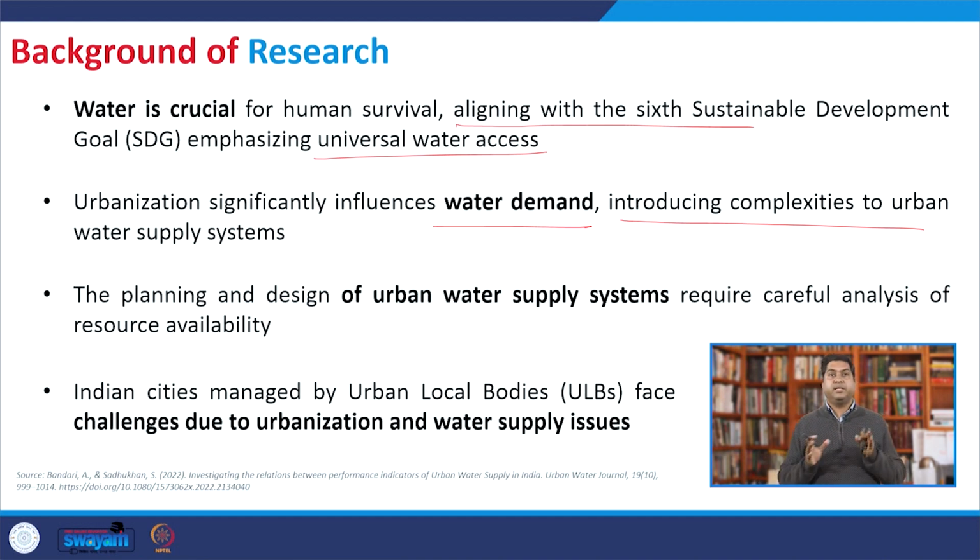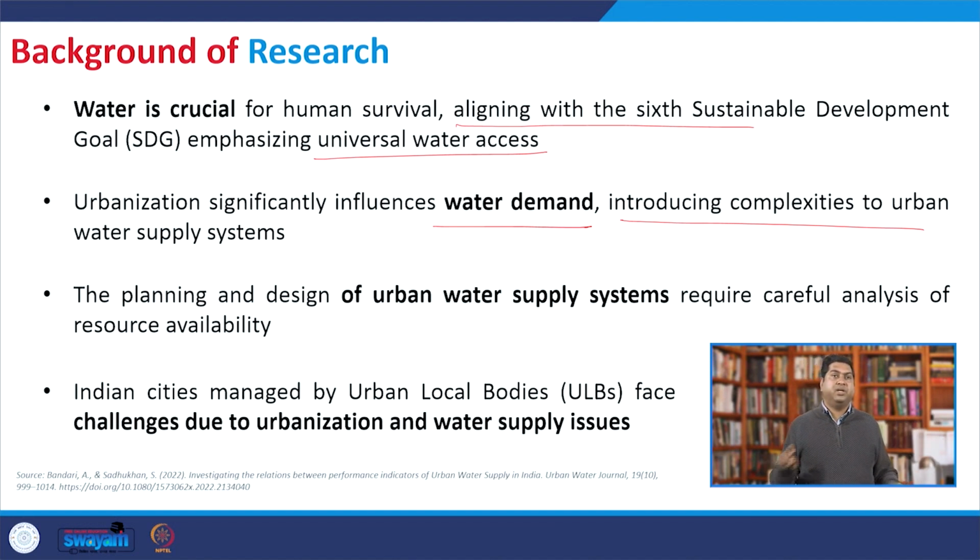So for any city, whenever water is being supplied by some authority, they always have a calculation of the per capita supply, or maybe in that case the consumption, with a certain thumb rule which has been followed for a long time.